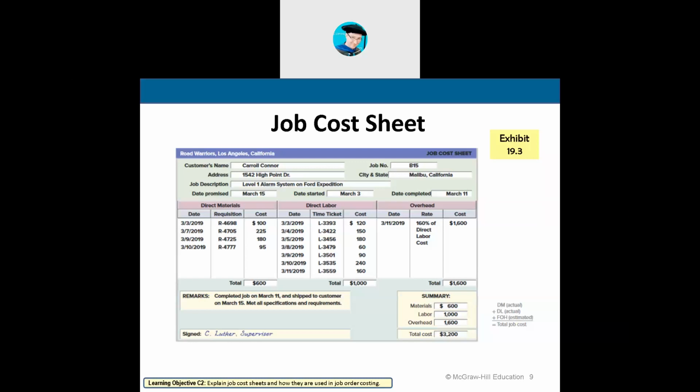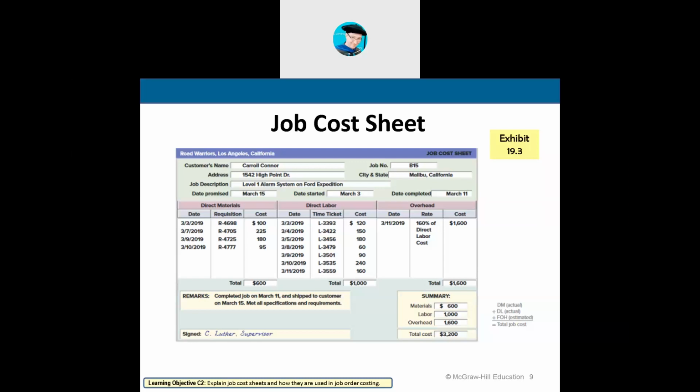You started working on the job at this time, you ended working on the job at this time. I take your hourly rate times the amount of time spent to equal the cost of each individual time ticket. I add up all of the time tickets, time spent on the car, to give me a total direct labor amount.